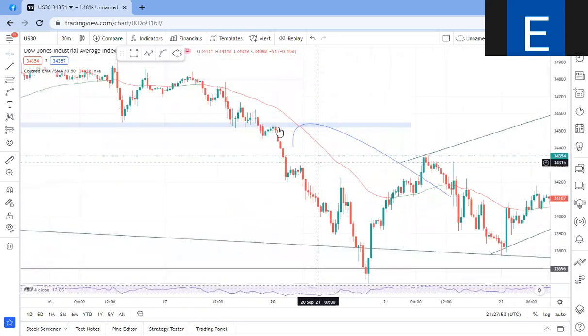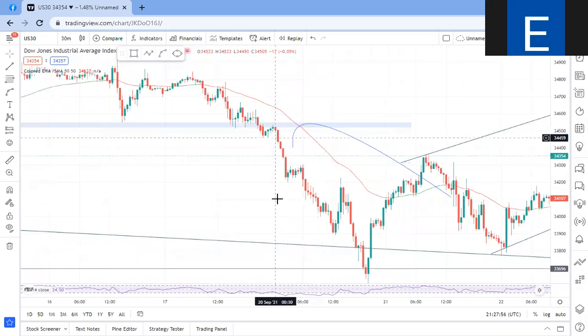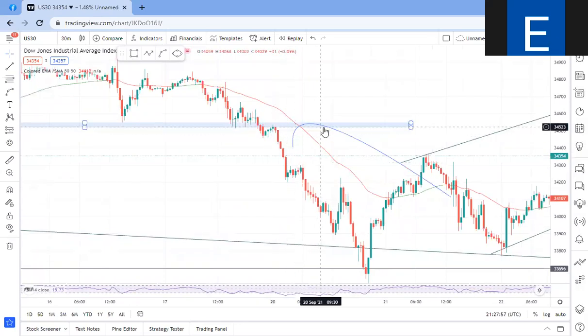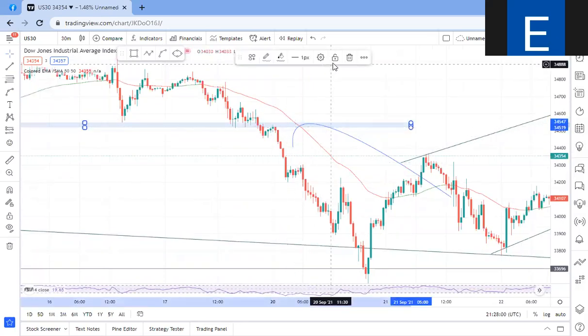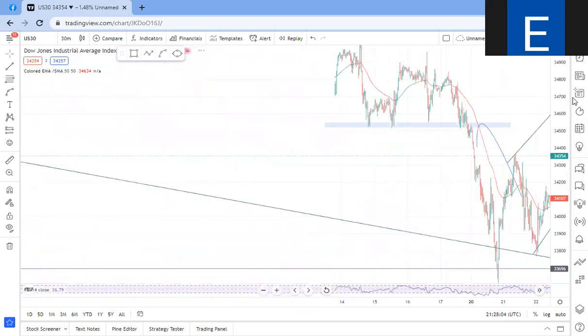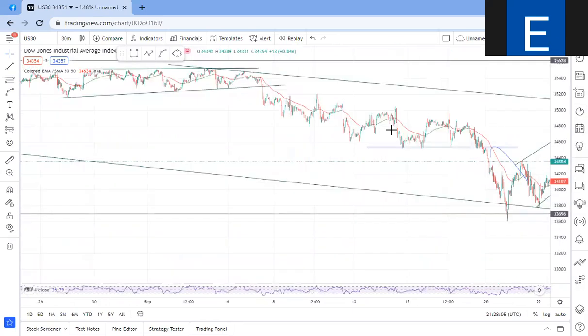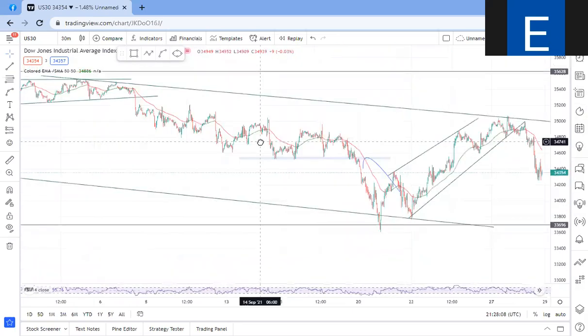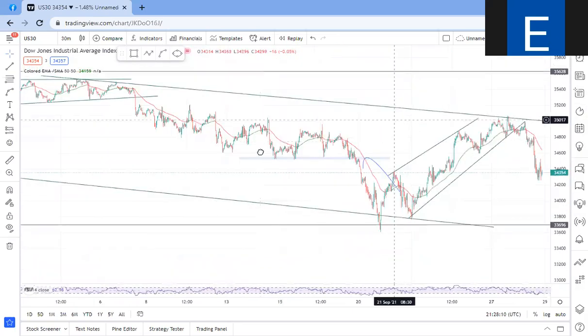That would have also been a nice entry, but I was expecting price to go back up and do a retest for a possible continuation sell. Unfortunately, the second entry was not given, so I missed out on that one. It's just what it is.